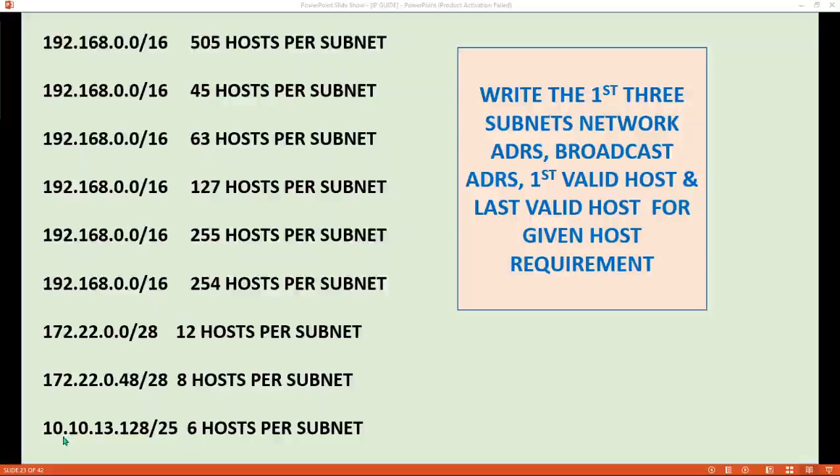And then for the last one, 10.10.13.128/25, okay, 6 hosts per subnet. In each and every scenario, mainly you can go up to /30. Why?